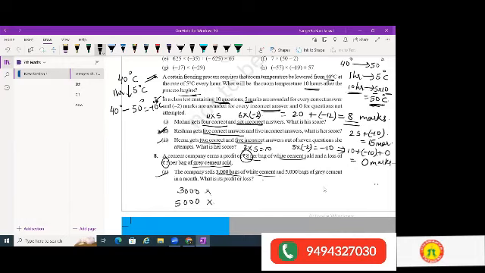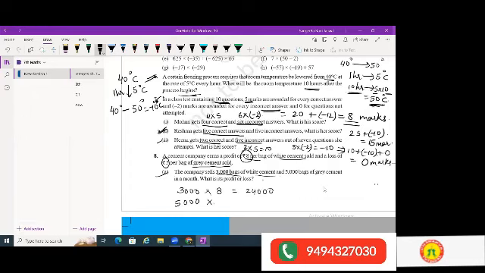Actually we take profit as a positive and loss as a negative integer, right? So the cement company earns a profit of rupees 8 per bag. On selling 3,000 bags of white cement, it will be 3,000 into rupees 8, that is rupees 24,000.